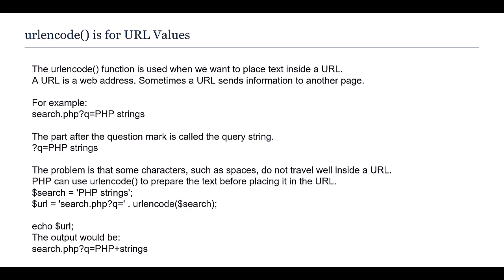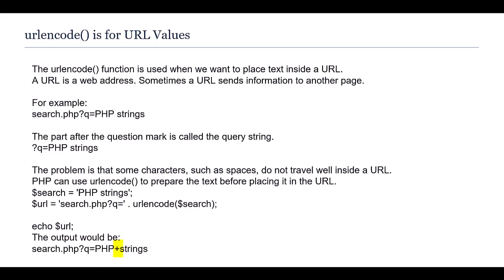So we have $search equals PHP and then a space and then strings. And then we have a new variable named url, and it is equal to search.php, the question mark, q, and the equal sign. And then we have urlencode, and then inside of that, the variable search. And then we echo the url. The output would be search.php, a question mark, q equals PHP, and then a plus sign, and then strings.